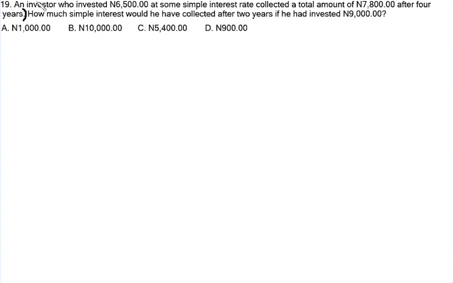For the first part, let's write out the parameters. So we are told that the investor invested 6,500 naira. So this is called a principal, and we write 6,500 naira at some simple interest rates. We are not told this interest rate, so the interest rate is what we don't know.